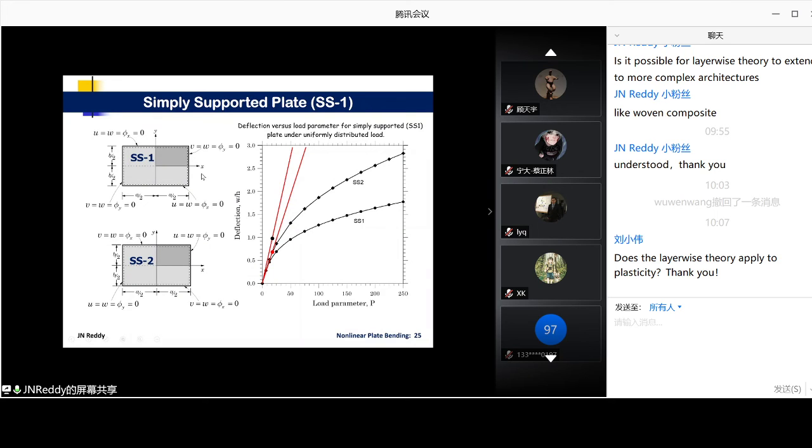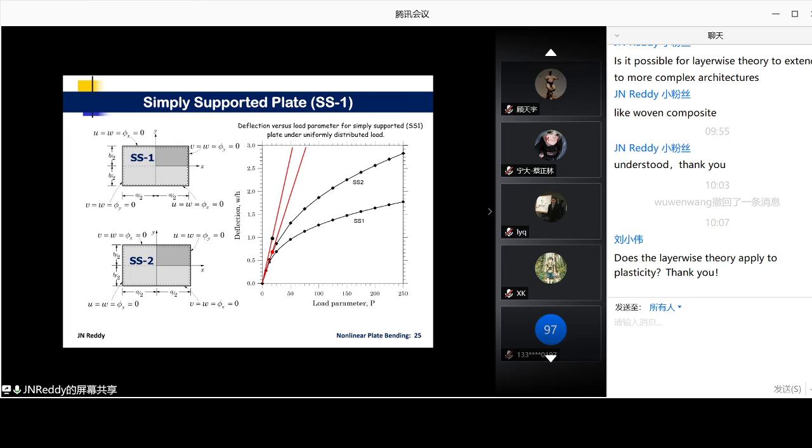So for real world problems, you must try to understand how it is supported. And of course, every engineering problem requires some type of approximation: approximation in the representation of the loads, geometry, boundary conditions, and material properties. So all of these become very challenging.